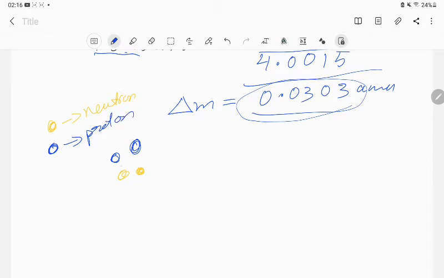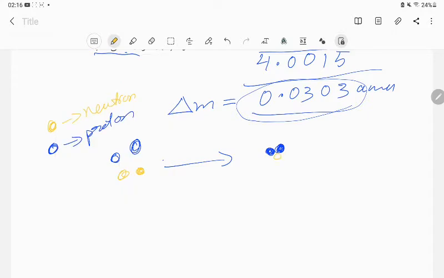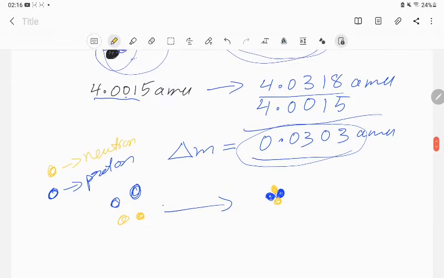They are individual, separate, so when they form helium, it means they are packed inside the nucleus.